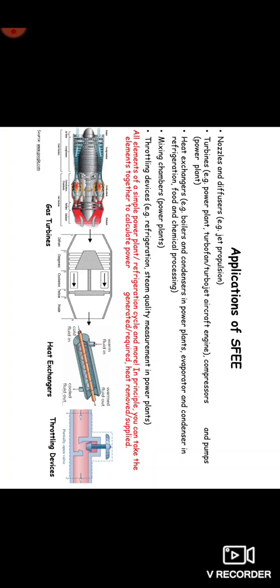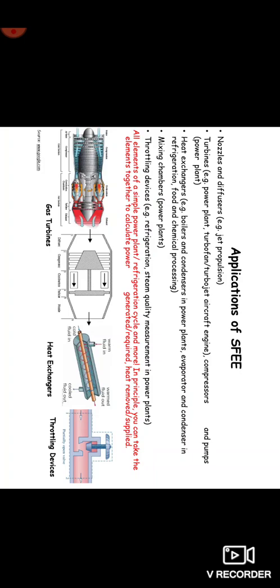It is also found in mixing chambers, power plant, throttling devices, for example refrigerator, and steam quality measurement in power plant. All elements of a simple power plant and refrigeration cycle are covered. In principle, you can take the elements together to calculate power generated and heat removal applied.